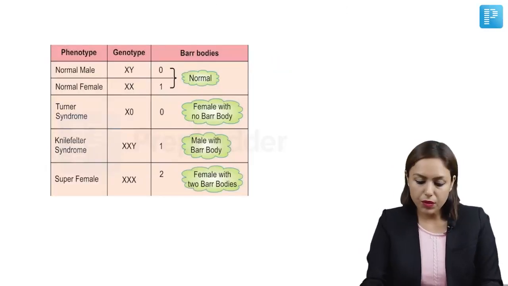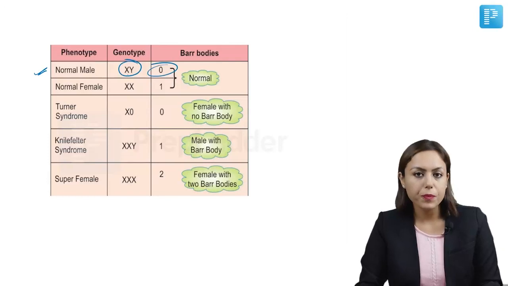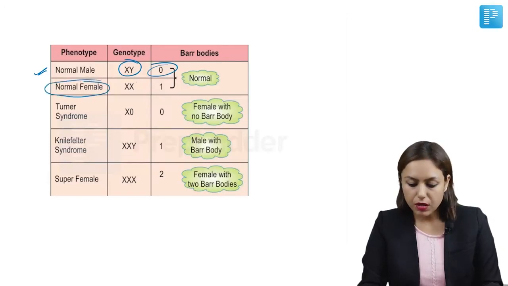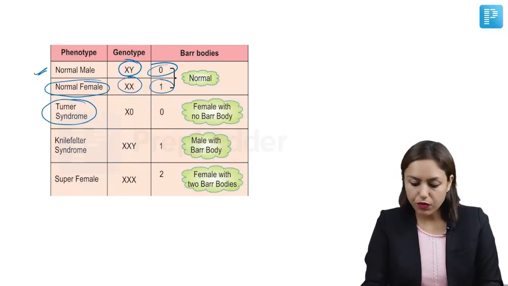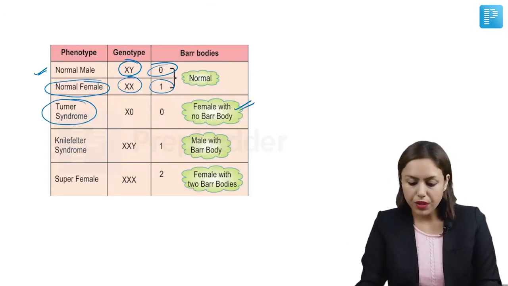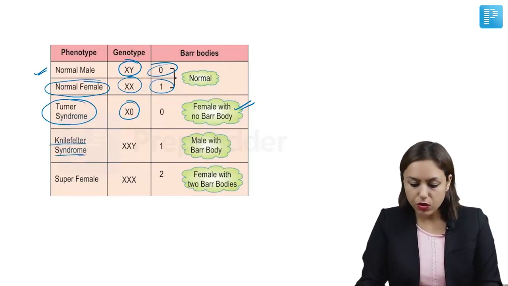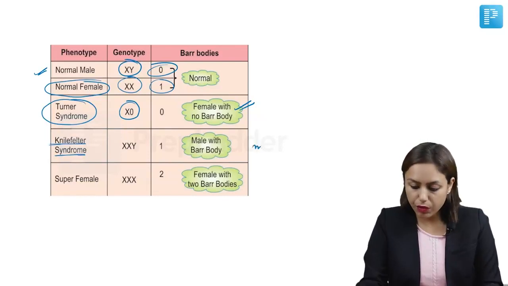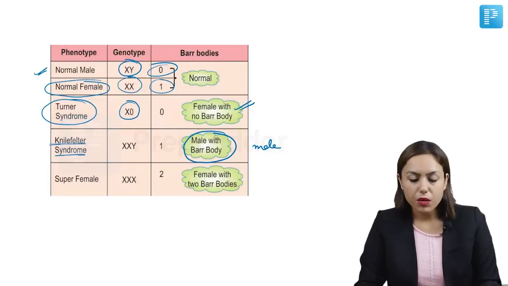Right, so see this table. Normal male, XY genotype, so no bar body. Normal female, XX genotype, so 1 bar body. Turner syndrome is a female with no bar body because the genotype is XO. Then Klinefelter syndrome, the phenotype is of a male, so this is a male with a bar body because the genotype is XXY.